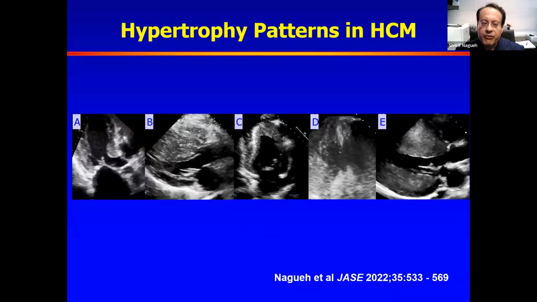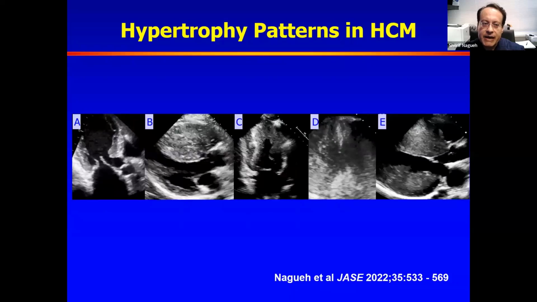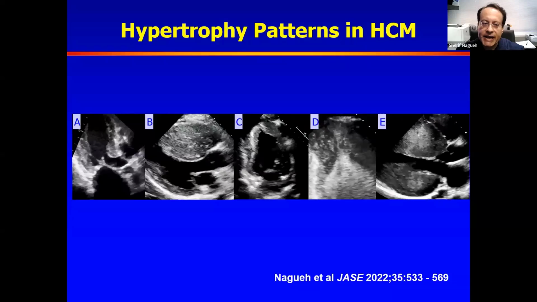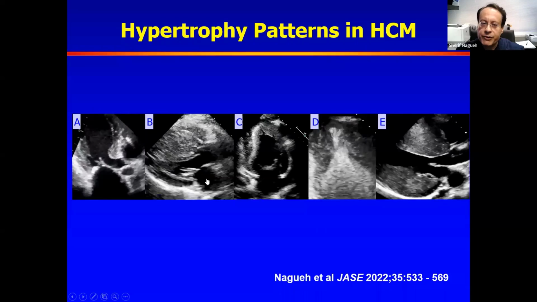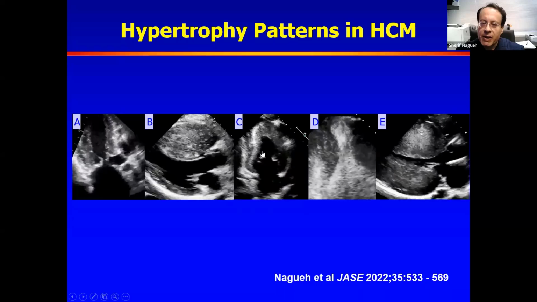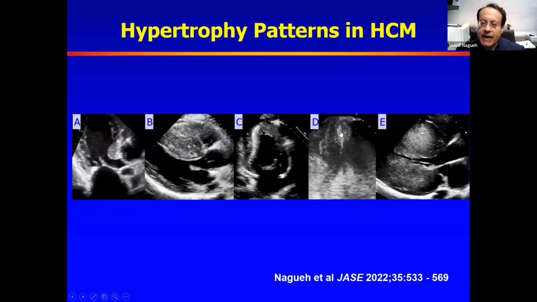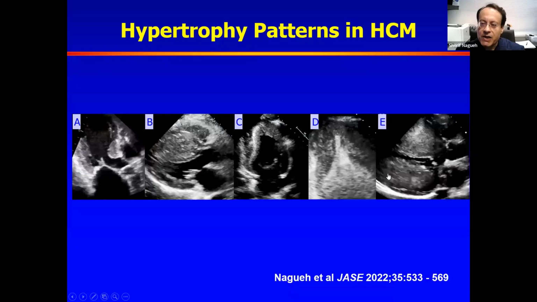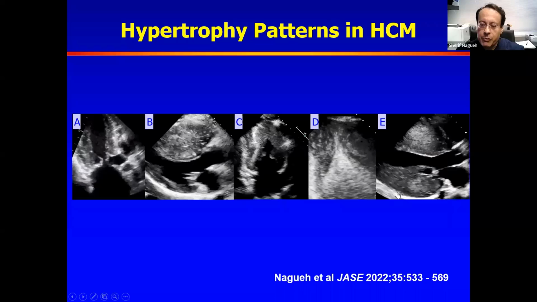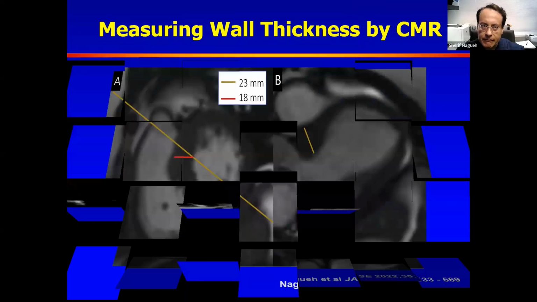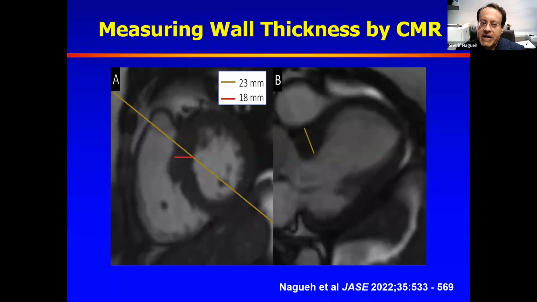These are the different morphologies you can see. You see in panel A the sigmoid septum with systolic anterior motion of the mitral valve, reversed curvature in B, apical hypertrophy in C, mid-ventricular obstruction with an apical aneurysm in D, and severe concentric hypertrophy in panel E. The issue with oblique cuts and the erroneous measurements resulting from them does not apply only to echo, but also to CMR.